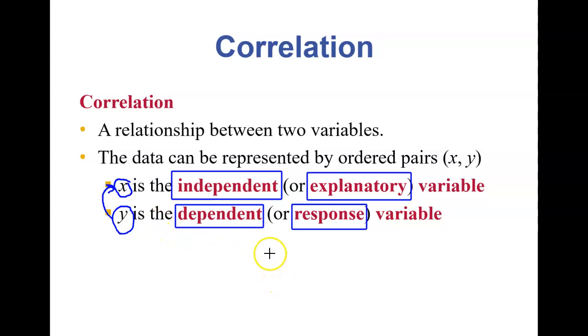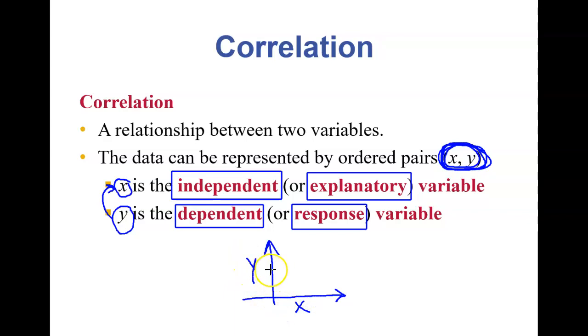In this case, we will only be looking at linear correlation. Are you familiar with the equation y equals mx plus b, where x and y are your ordered pairs, and you try to see how y depends on x? In correlation, x is your independent variable and goes on the x-axis, that's why it's independent, and y is your dependent variable and goes on the y-axis.